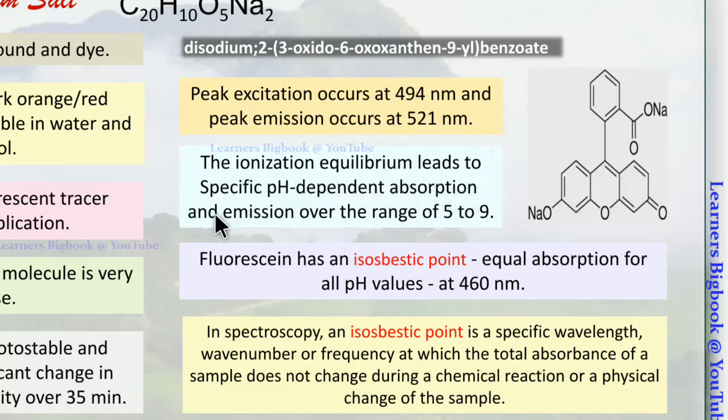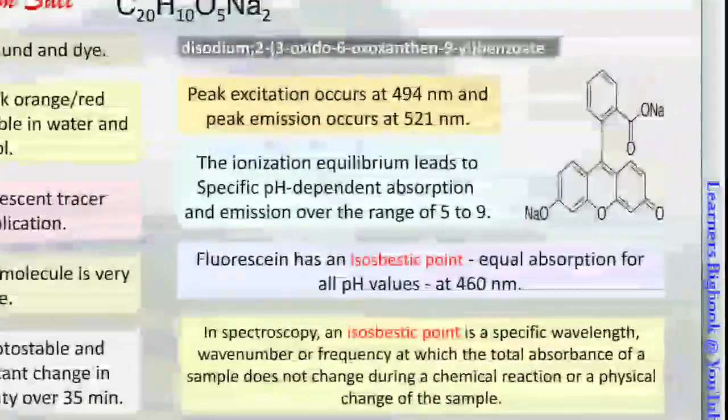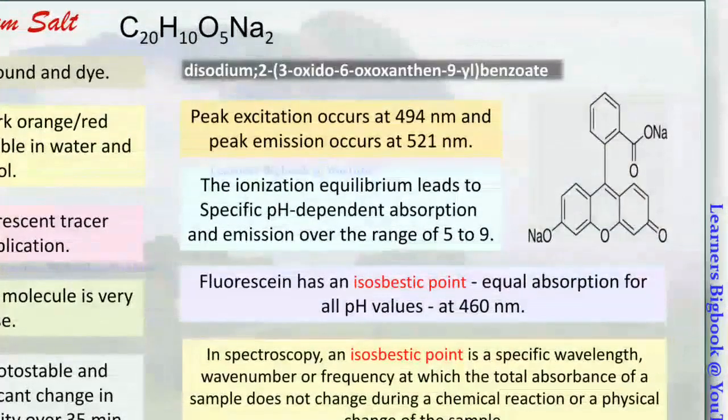As I said, once the fluorescein has been added into the liquid, it gets ionized, and when it is subjected to its equilibrium, it has a specific pH dependent absorption. That is between 5 to 9, and within this pH range you can conduct any of the experiments and get the results at their best. So that is the explanation of this particular point.